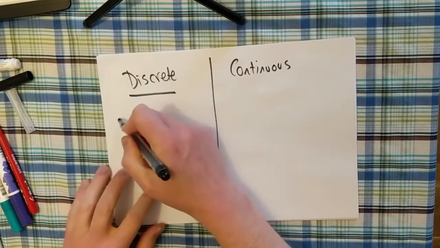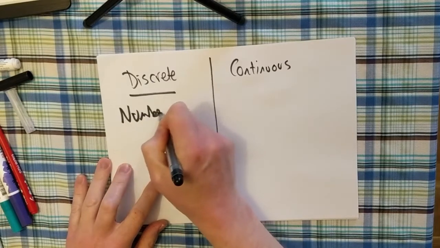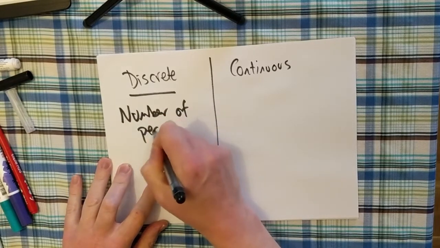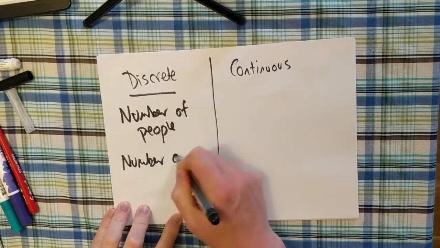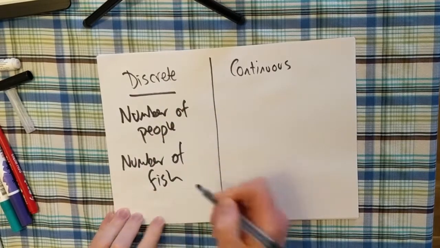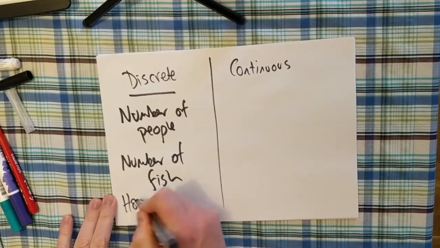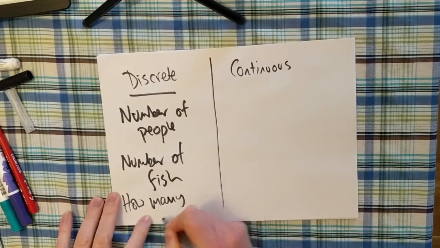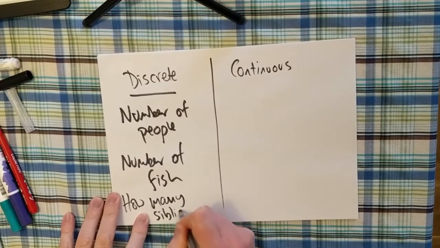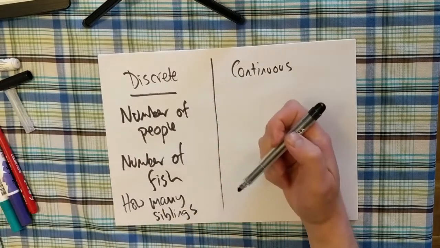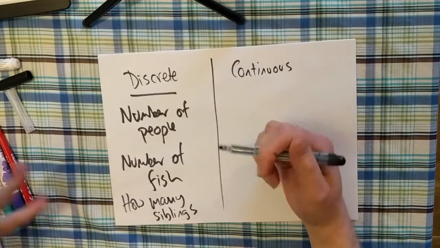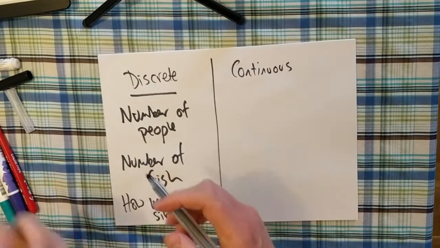So, I don't know, number of people, number of fish, that sort of thing. How many siblings. These are all things which are not measured with an instrument. They're not timed. They are not something you use a meter stick to work out. They are something that you count.